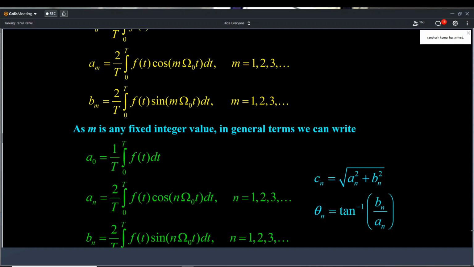If we remove them, what will happen, or if we put them, what is there? And second, while deriving these coefficients A0, An and Bn, we used the procedure of multiplying the function by a suitable multiplying factor and integrating it.